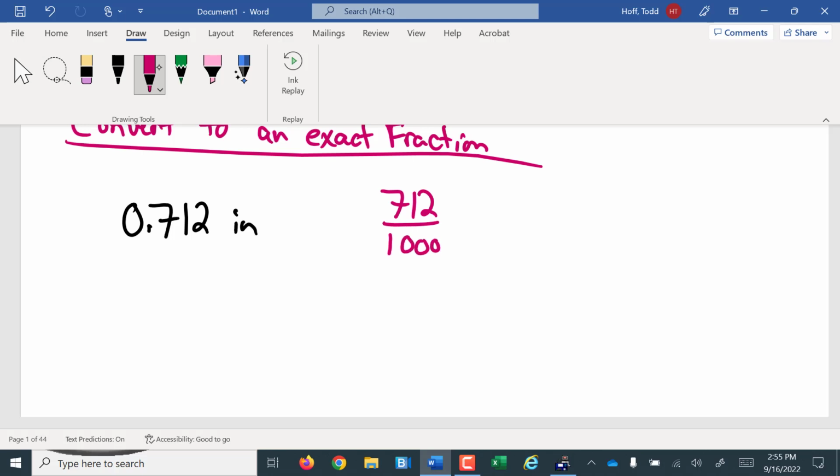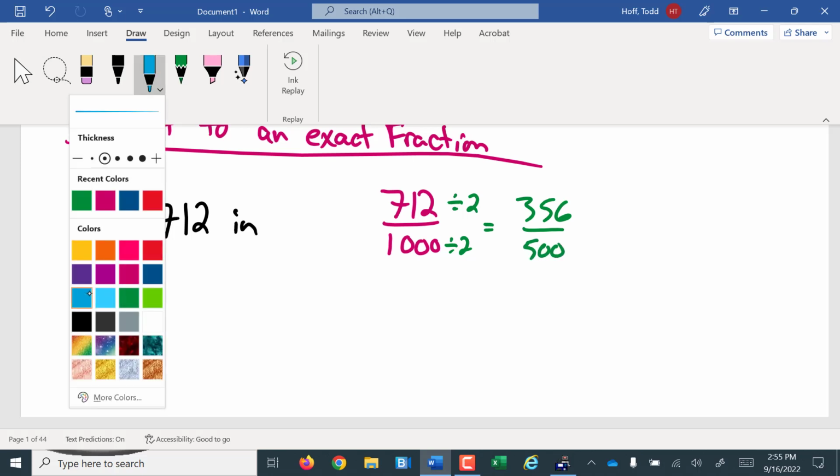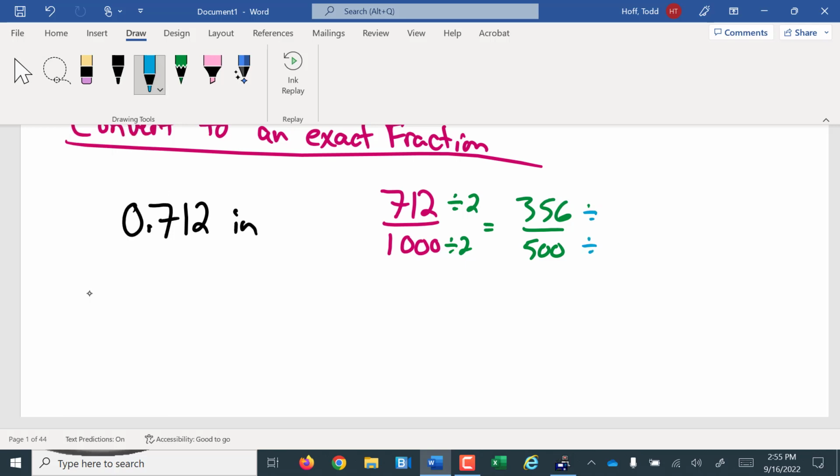1,000. Both of those can divide by, let's try 2. 712 divided by 2 is 356. 1,000 divided by 2, 500. Both of those can still be divided by 2 again. 356 divided by 2 is 178. 500 divided by 2, 250.